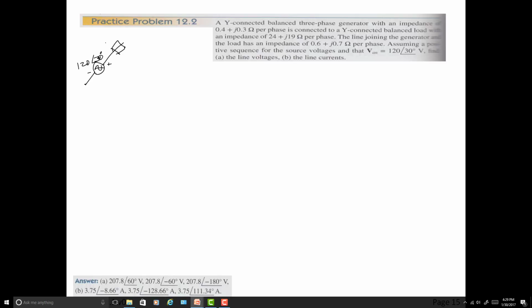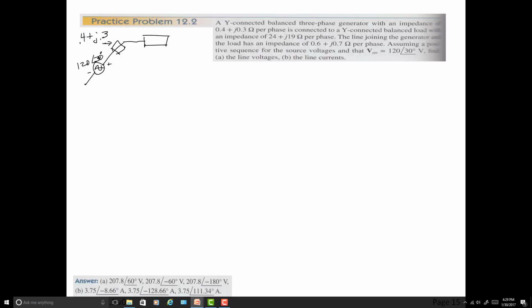So this is the generator, 0.4 plus J 0.3. Now you can see right there, this is suggesting to my little mind 3, 4, 5. So whatever angle's involved here, I know that the magnitude of that vector is 0.5. Don't know that we're going to get to exploit that fact too much here, but we'll keep it in mind.